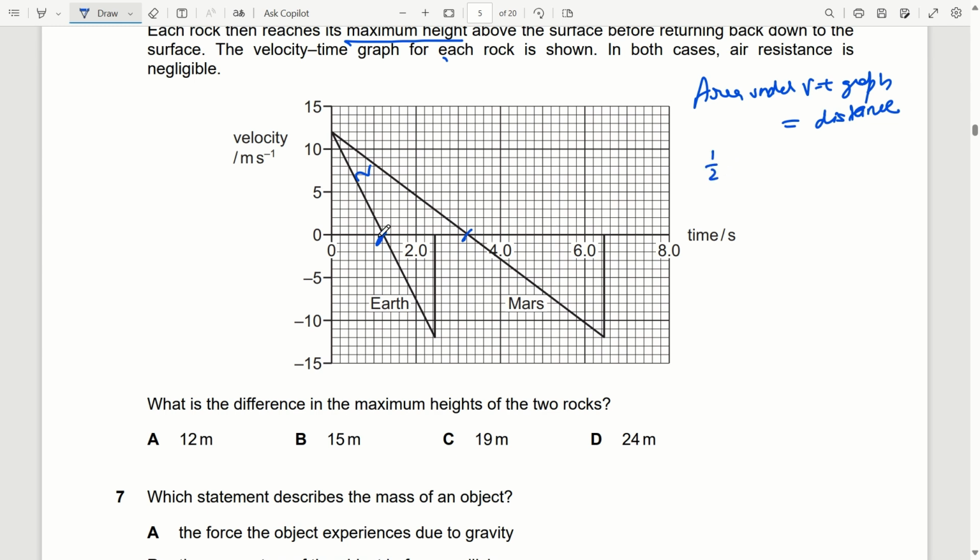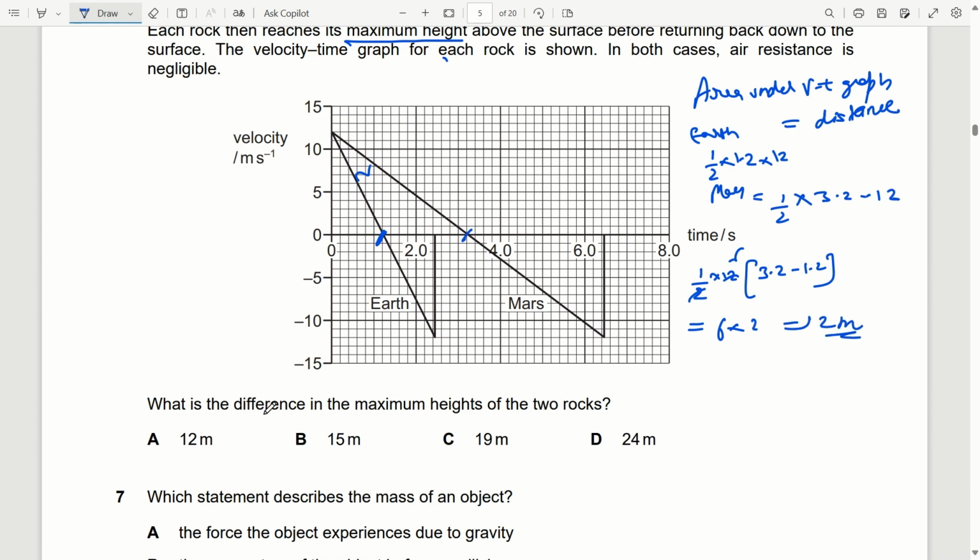For earth this will be 1.2, so half into 1.2 into 12, and in case of Mars it will be half into 3.2 into 12. So the difference in the maximum heights will be, taking 12 common, half of 12 into 3.2 minus 1.2, which is 6 into 2, that is 12 meter. So option A is correct.